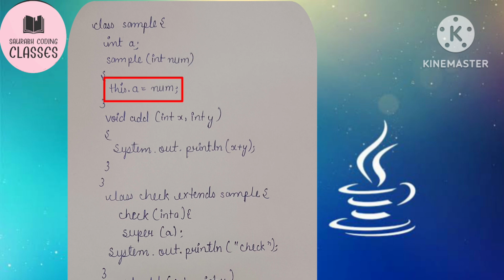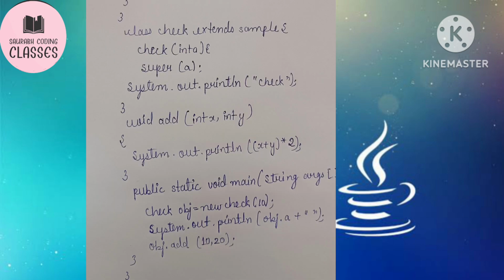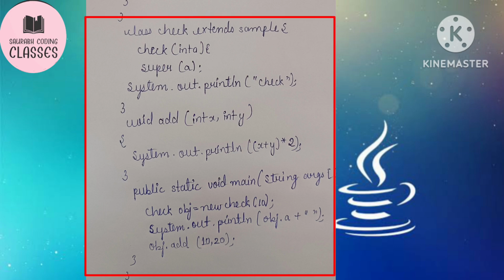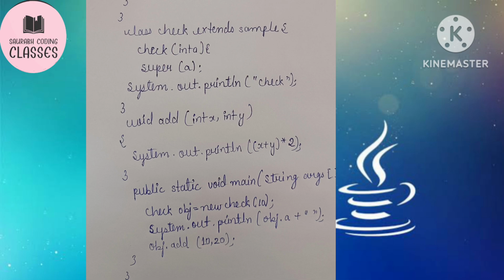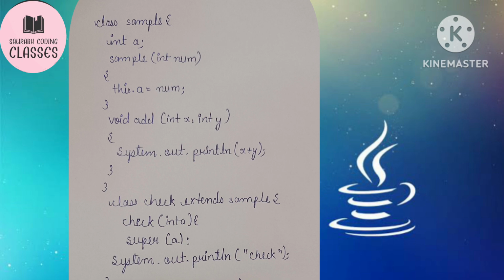After this class we have another class called Check, and this Check class is inheriting the Sample class using the extends keyword. We use the extends keyword to inherit any class from another class. Just look at the above class, we have an example of a method.